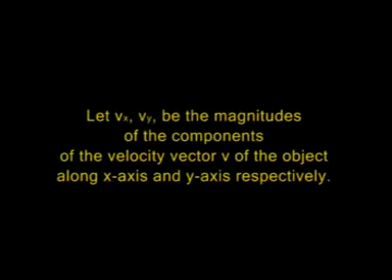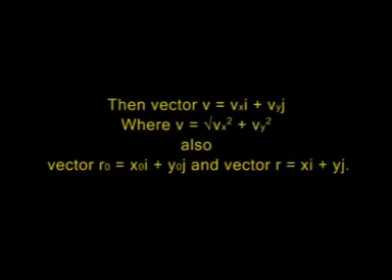Let vx, vy be the magnitudes of the components of the velocity vector v of the object along the x-axis and y-axis respectively. Then, vector v is equal to vx i plus vy j, where v is equal to the root of vx square plus vy square. Also, vector r0 is equal to x0 i plus y0 j, and vector r is equal to x i plus y j.